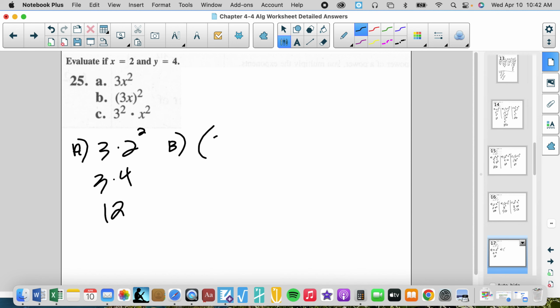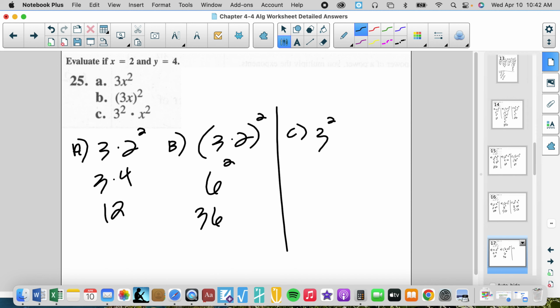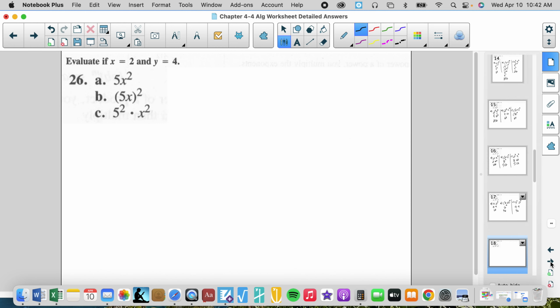B is going to be 3 times 2 to the second. Do grouping symbols. So we have 6 to the second, which is 36. C, we're going to do 3 to the second times 2 to the second. We can't combine those bases because they're different bases. And so 3 to the second is 9, 2 to the second is 4, which is 36 also.